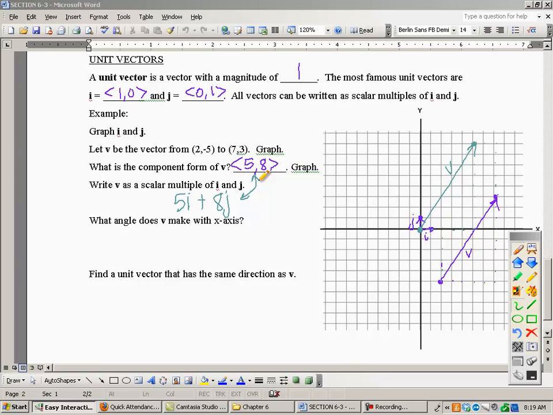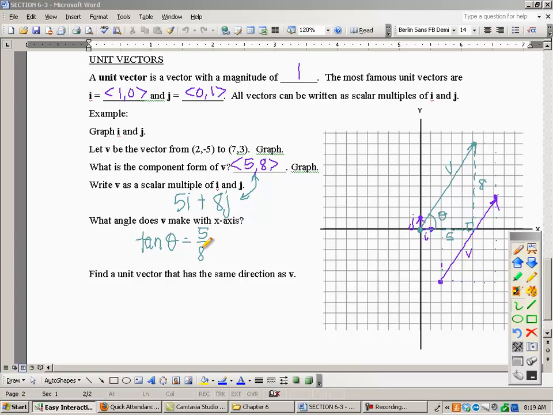What angle does it make with the x-axis? Well, we're going to draw in our right triangle, where we said you go over 5 and up 8. So how do you find the angle? If I'm finding this inner angle theta, I'm going to use the tangent, because the tangent is opposite over adjacent.